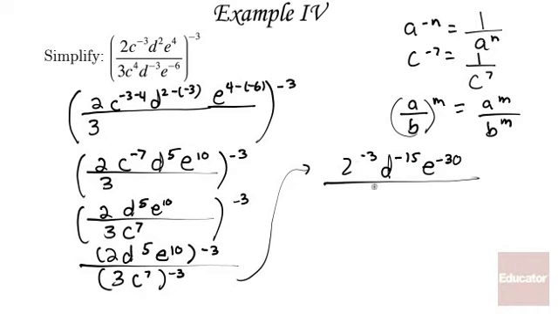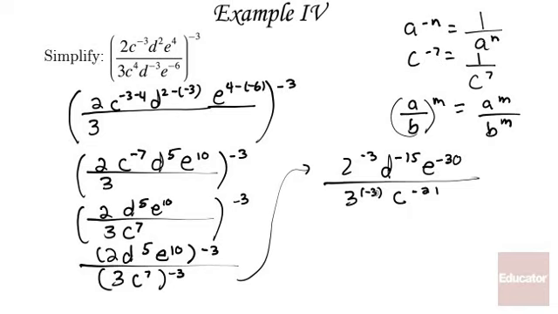In the denominator, I've got 3 to the negative 3, and then I have c to the 7th to the negative 3. So I just multiply 7 times negative 3 to get c to the negative 21.